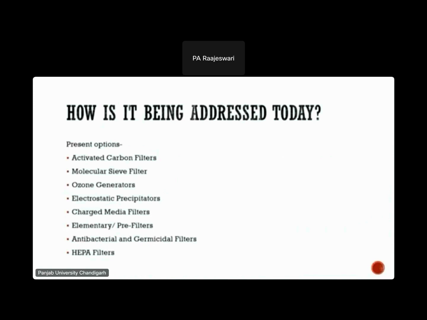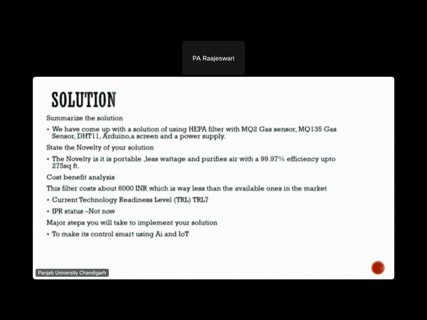We have made a prototype using the HEPA filter, and we are using gas sensors, which are MQ02 and MQ135 gas sensor modules, with the DHT11, which is the sensor used for humidity and temperature detection, and an Arduino, screen and power supply.